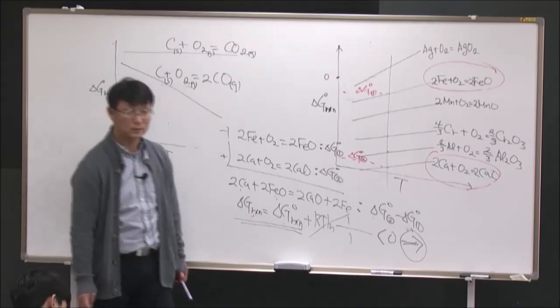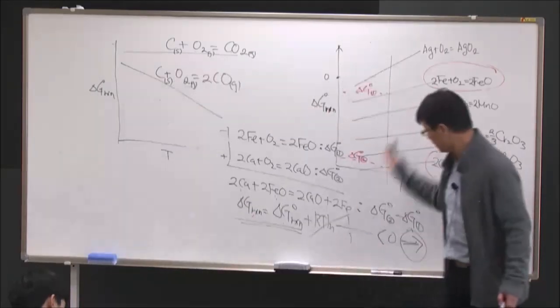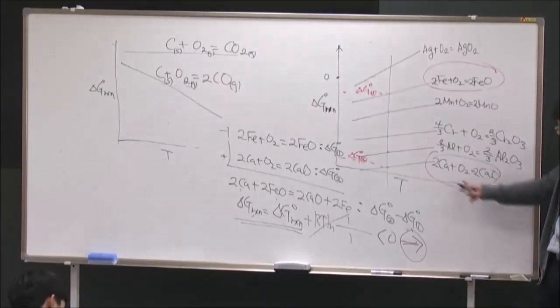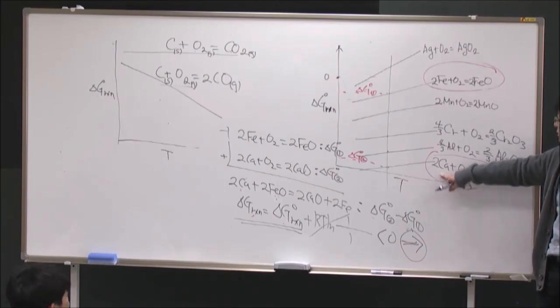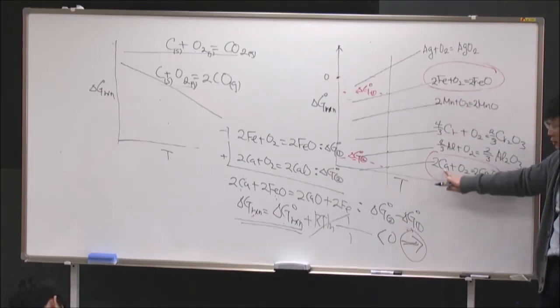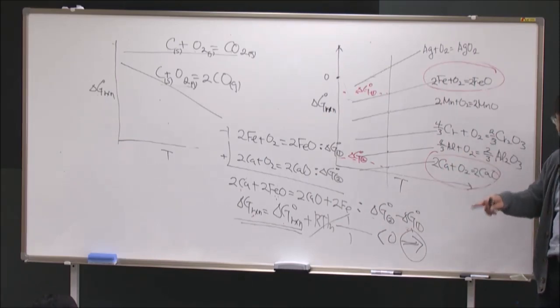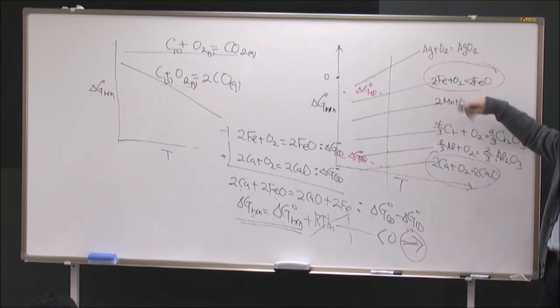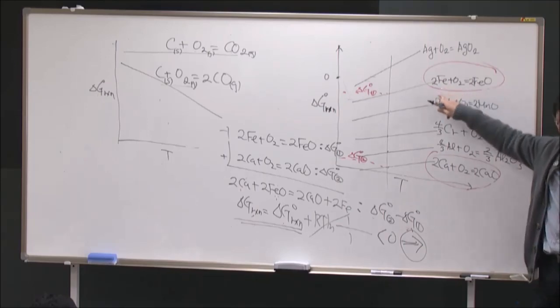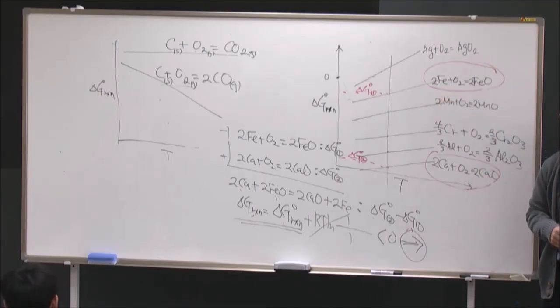Is it okay? Is it good? Any metallic element in the bottom of this Ellingham diagram can be used as a reductant of the oxide above it in the diagram, to make a metallic phase.